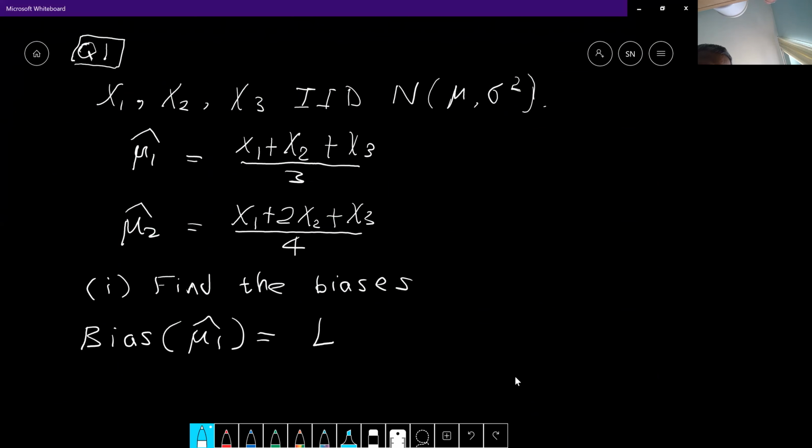So the bias, by definition, is the expectation of mu1 hat minus mu, right?